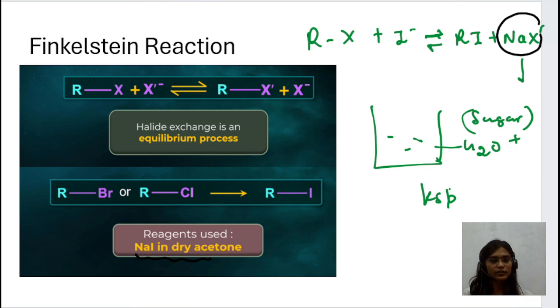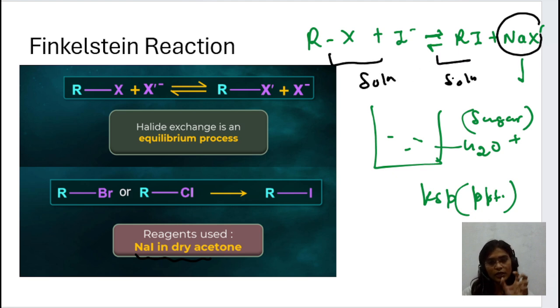If the Ksp is exceeded, it means precipitation is there. Comparing this side and this side, we have a solution on both sides. Which side has fewer species in solution? The forward side. If precipitation is there, we start removing that product from the solution, reducing the product side. So basically, the reaction follows the forward direction.